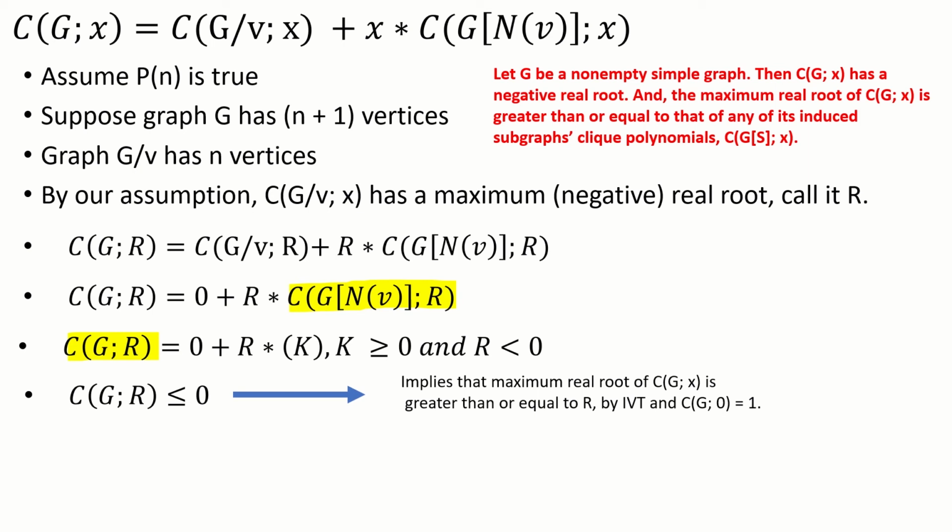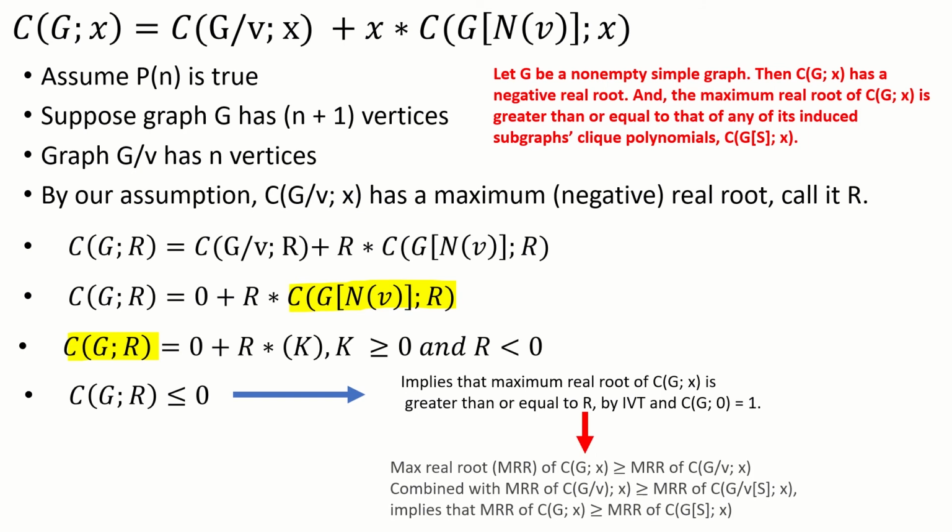Not only that, but it must have a real root greater than R, which is certainly greater than or equal to R. If it is 0 there, then it has a negative real root at R, which is of course still greater than or equal to R. What this means is that the maximum real root of the clique polynomial of an n plus 1 vertex graph is greater than or equal to that of any of its n vertex induced subgraphs.